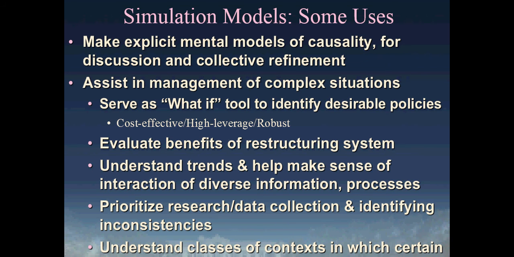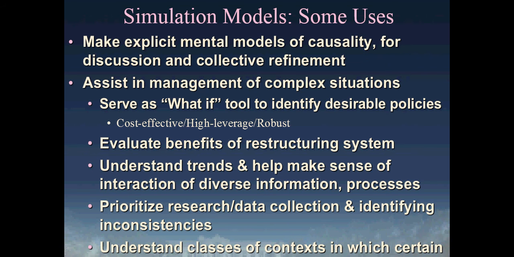One is they make explicit our assumptions. They put it into a form that multiple people can look at, critique, refine, run, etc. Secondly, they help us manage these systems by allowing us to ask what-if questions to evaluate what will happen if we change this aspect of the system.